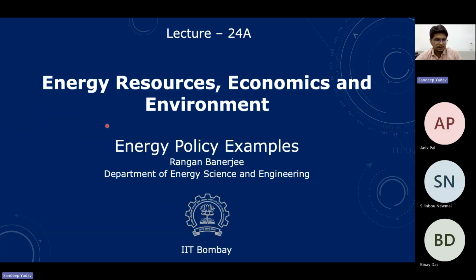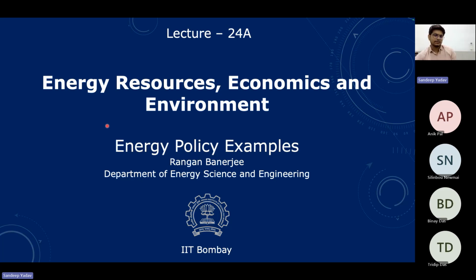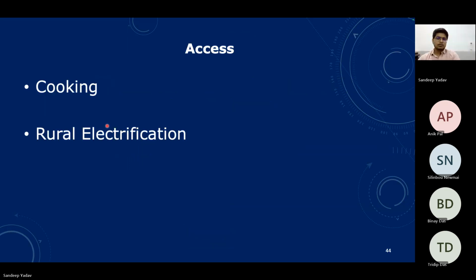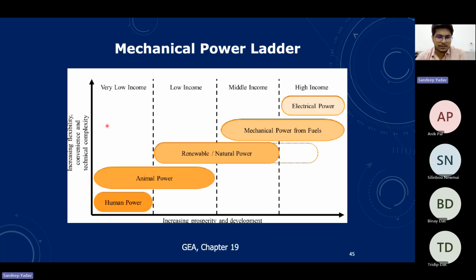So another part is examples of energy policies, such as cooking or rural electrification. As we can see, increasing prosperity and development goes with increasing flexibility and convenience of technical carriers.